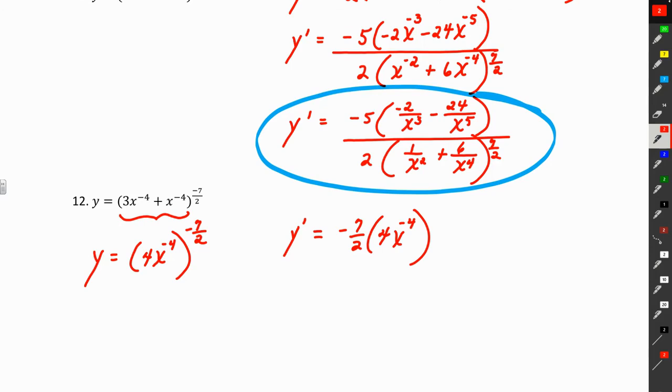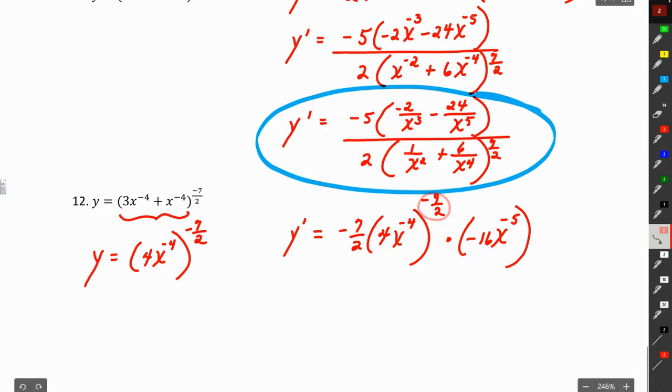Negative 7 halves minus 1, that's negative 7 halves minus 2 over 2, that's minus 9 halves. Multiplied by the derivative of the inside, it's going to be negative 16x to the negative 5th power. So this 4 is tied to this exponent, so we can't really touch that, but we can multiply negative 7 halves times negative 16, and that's going to leave us with 56.